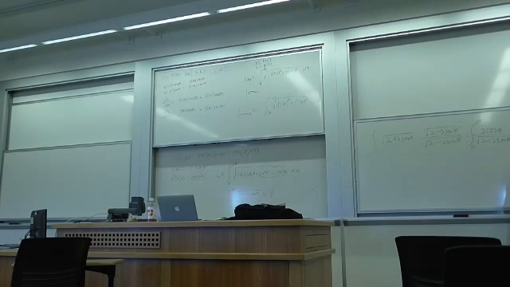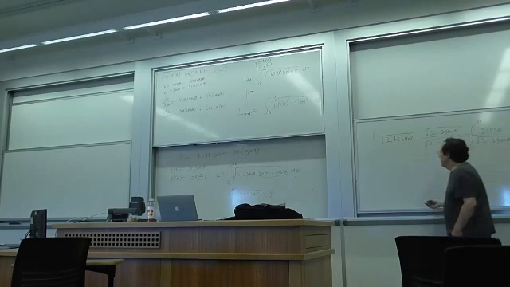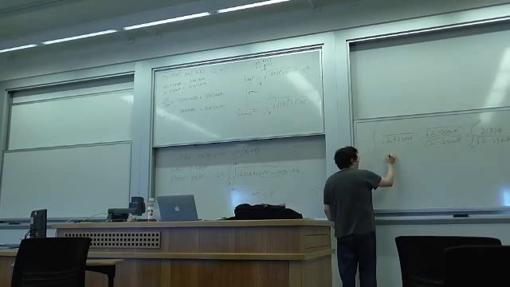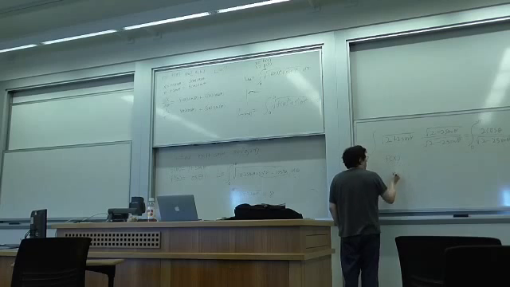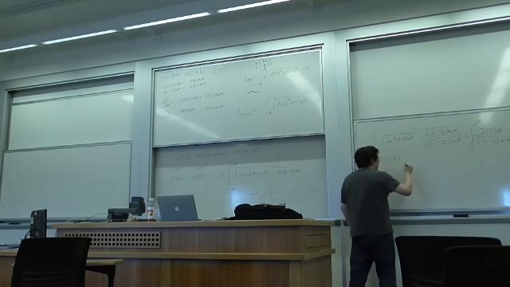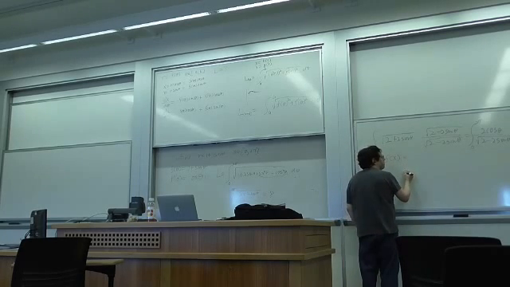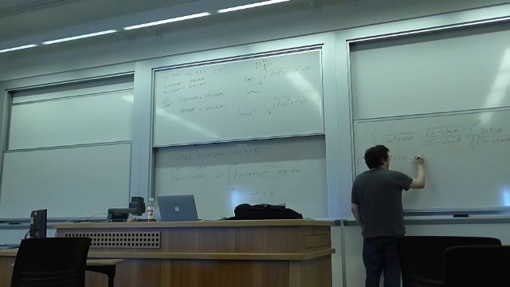Because at pi over 2, this is 0 also, right? I don't know if we've got into it in that much detail, but when you're doing an integral on some function, it has to be continuous on the open interval.